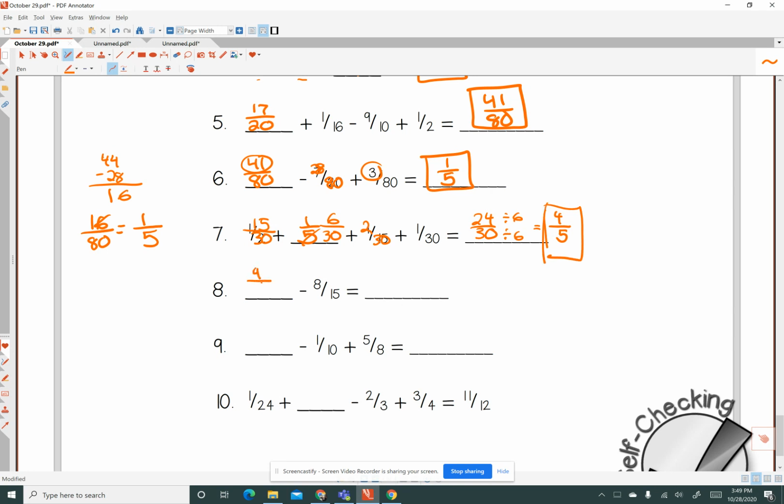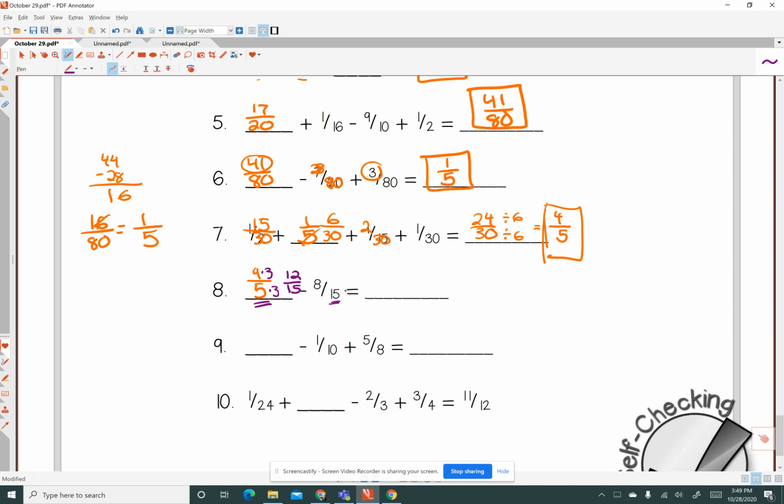So 4/5 goes here. And 5 is a factor of 15. 15 is a multiple of fifths. So 5 times 3 is 15. 4 times 3 is 12.